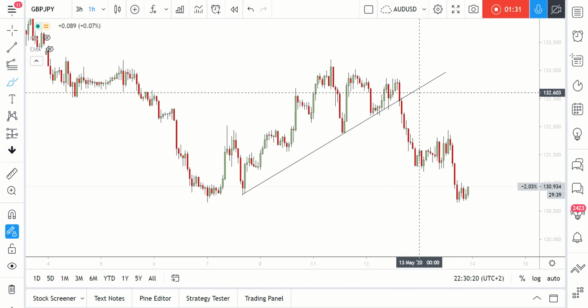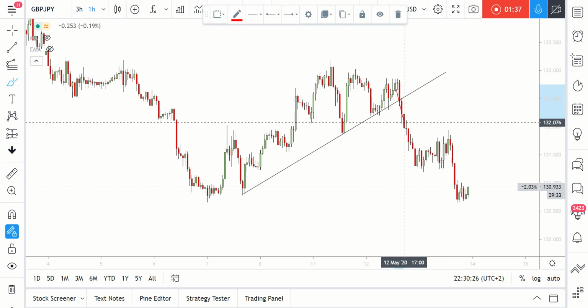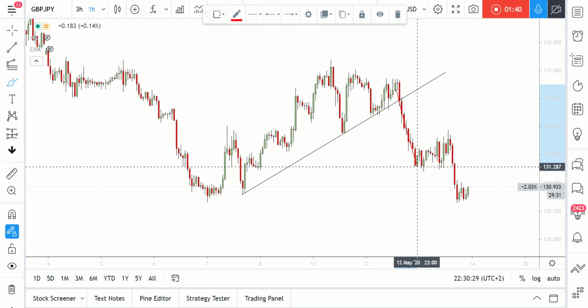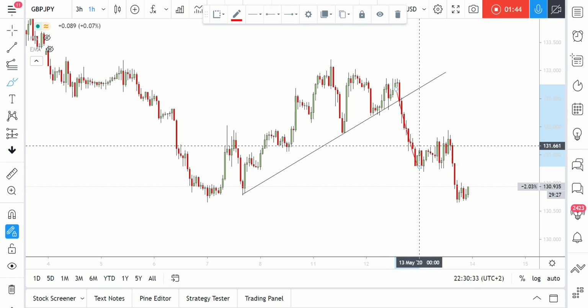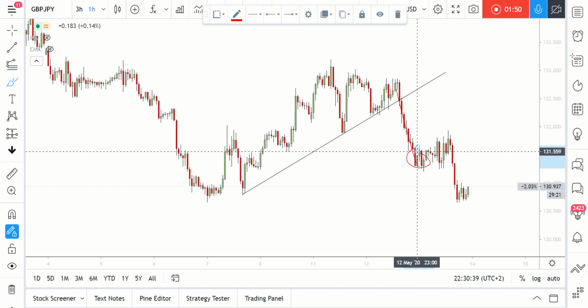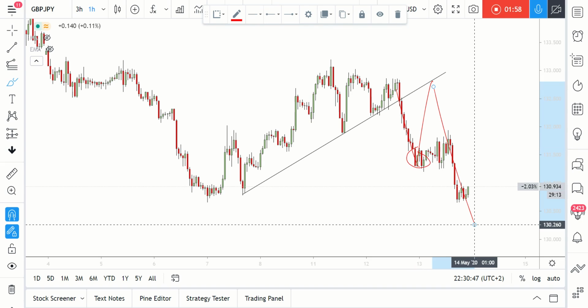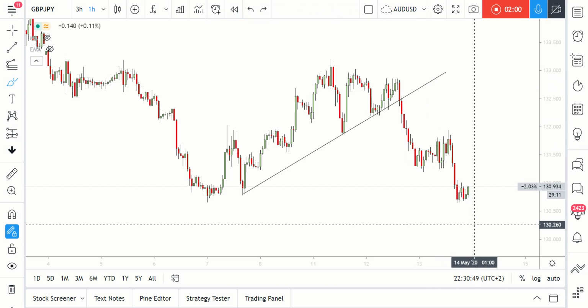it would be far-fetched for price to actually come back to retest this trend line here. As you can see, price had a huge sell-off here, and it's quite far away from this ascending trend line. Now, when I looked at the GBPJPY this past weekend, this is where price was, and I immediately saw that there's no way that price will make it all the way back up to retest this trend line to ultimately continue its way to the downside.